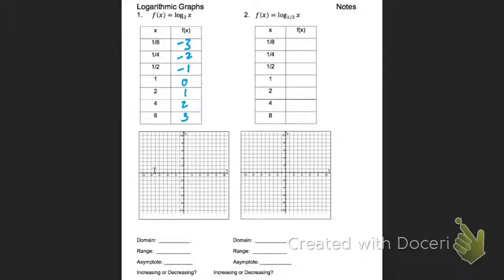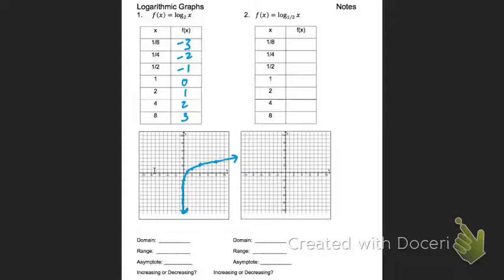When you have the fractions as x values, it starts kind of looking like a what kind of line? A vertical line. There we go. Then 2, 1, 4, 2, 8, 3. So it looks something kind of like this.